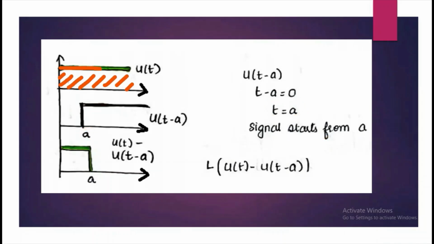Now we subtract this signal from this, we get this particular portion which is our signal, and the equation of that is u of t minus u of t minus a. So in our question, a will be nothing but T by 2.